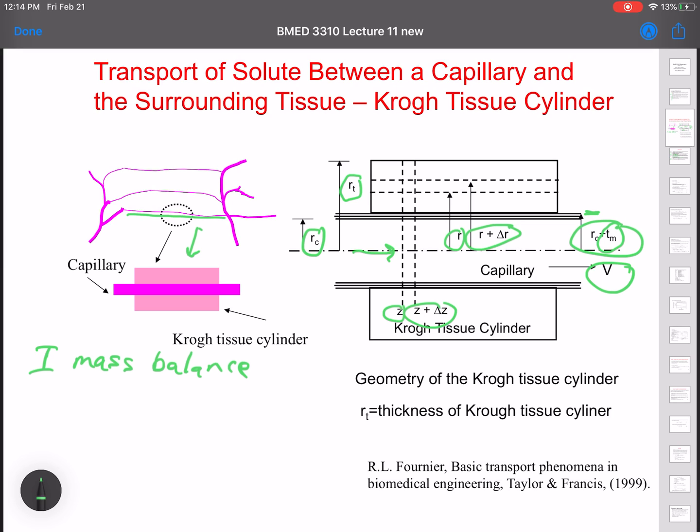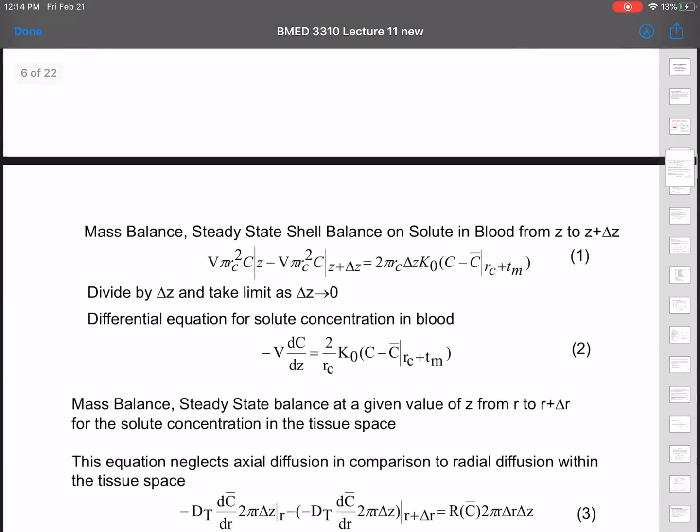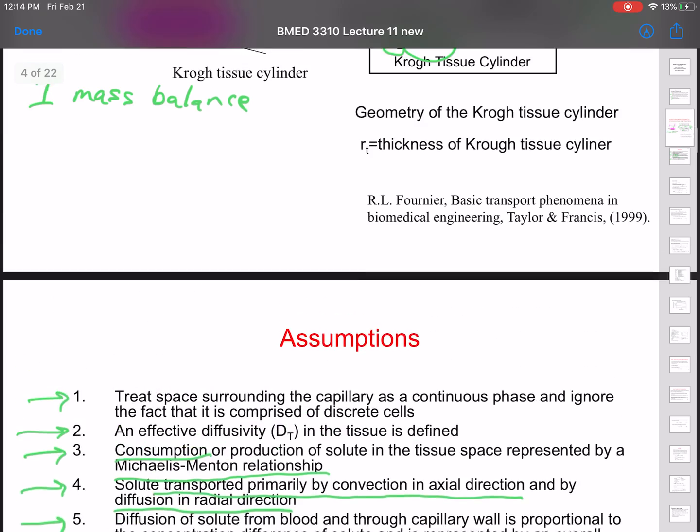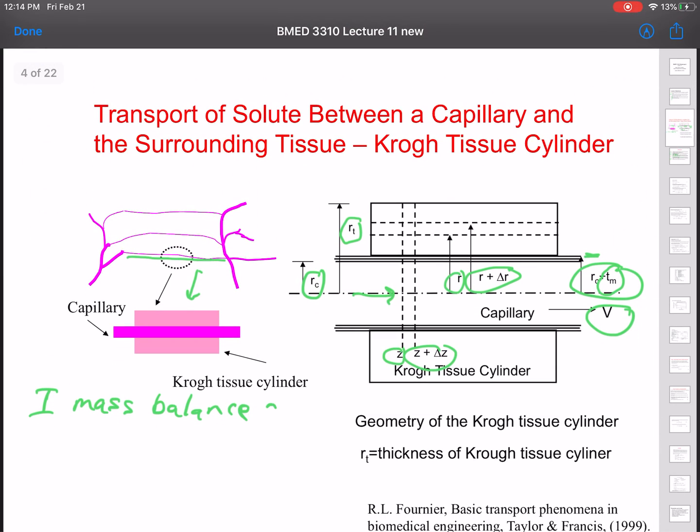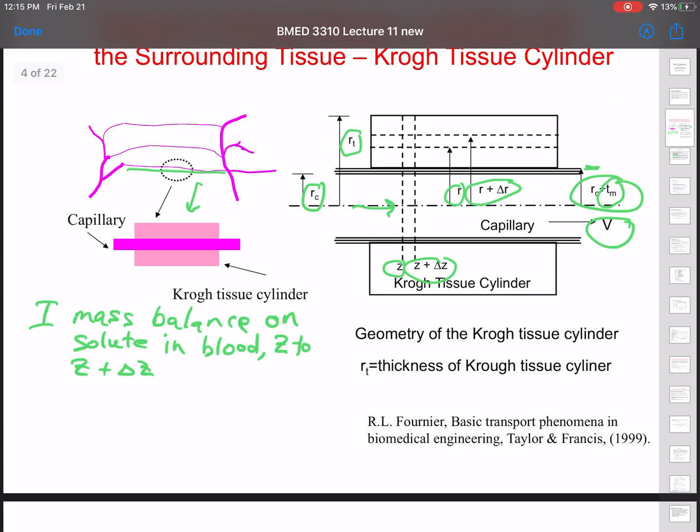The first one is a mass balance on our solute in the blood, going from Z to Z plus delta Z. The second one is a mass balance on the solute in the tissue.